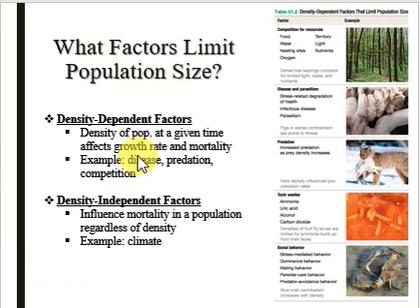There are density-dependent factors, in which the density of the population at a given time affects growth rate and mortality. And then there's density-independent factors, which influence mortality in a population regardless of population density.